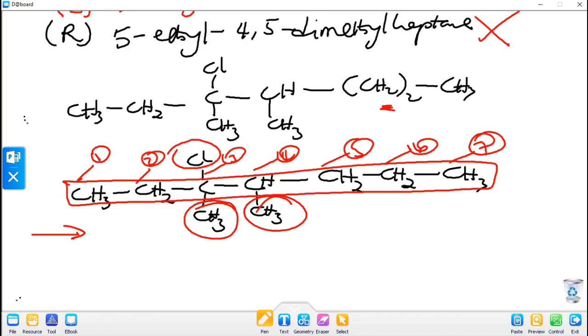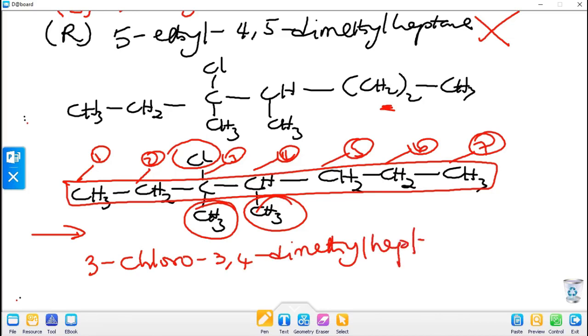Chlorine is starting with the letter C, so it is definitely going to come first. So this is going to be 3-chloro, 3,4-dimethyl heptane.